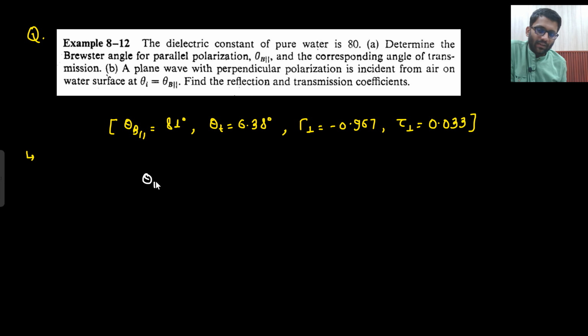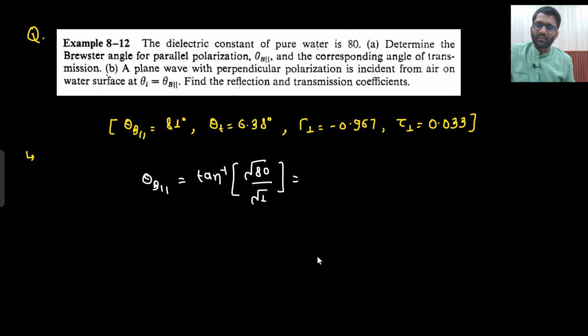What will be the formula? That would be tan inverse of root 80 divided by root 1. Just a second.